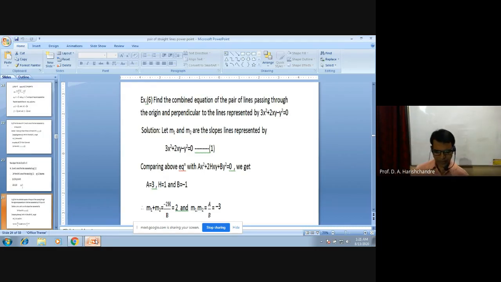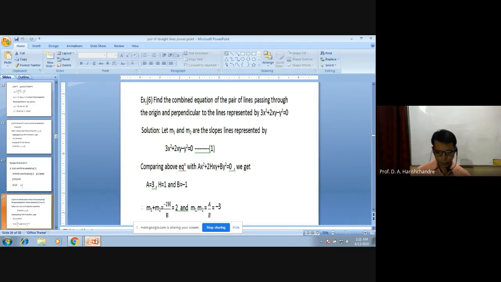Okay, so let us assume that m1 and m2 are the slopes of the lines represented by the given homogeneous second degree equation 3x square plus 2xy minus y square is equal to 0. Call this equation 1. Comparing this equation with the form ax square plus 2hxy plus by square is equal to 0, we get the value of a to be 3, h as 1 and b as minus 1.